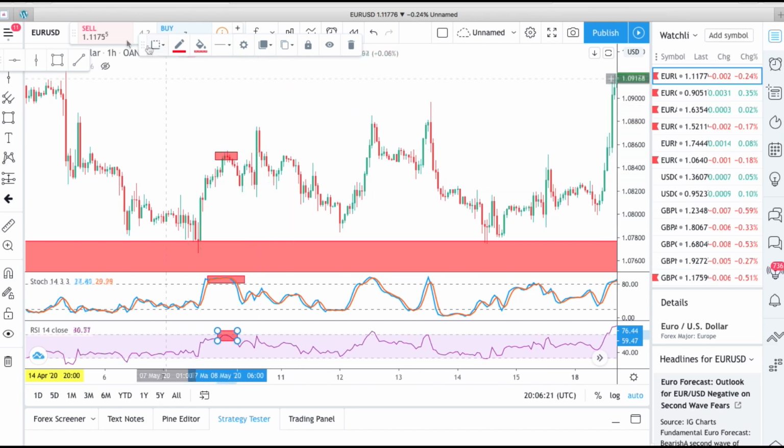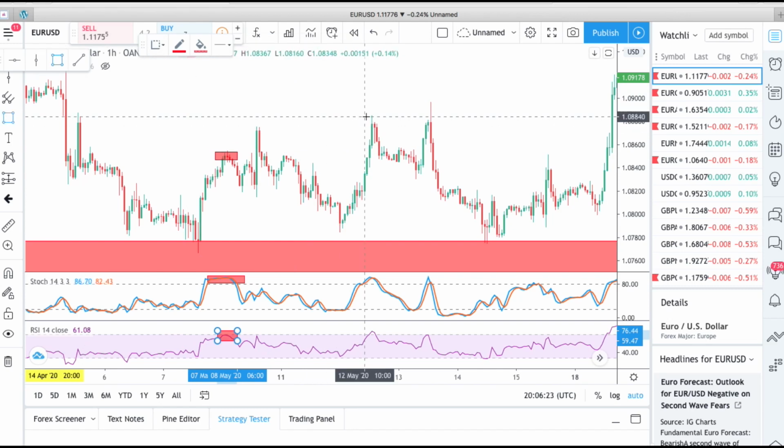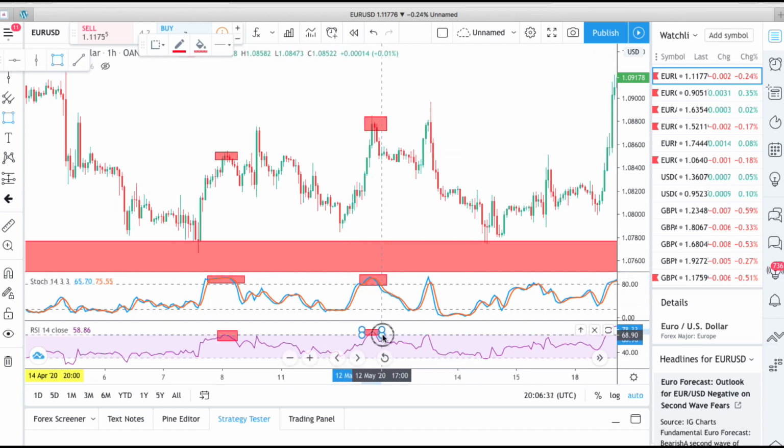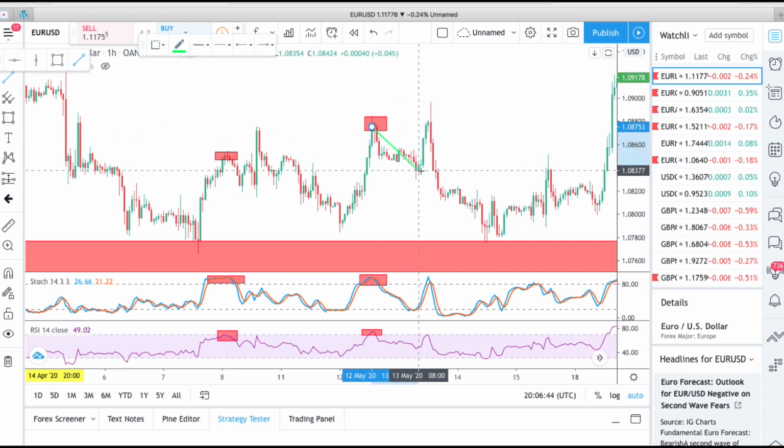Let's look here again. We have this area of turning point. We have stochastic showing overbought. We have the RSI showing overbought. This is a triple confirmation. But what? The market is not at an area of support or resistance. So this will not hold. You got a slight move to the downside for a few pips.